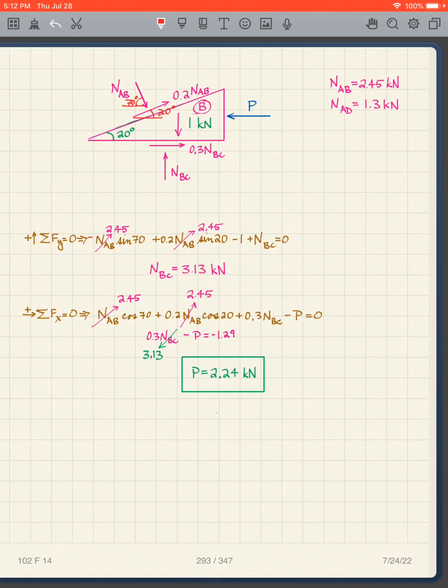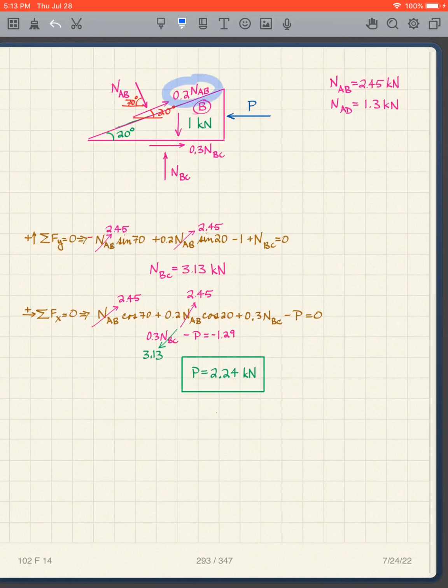And so I have that. It's a sine of the angle. And it's minus because it's going downward. So it's minus NAB sine 70.